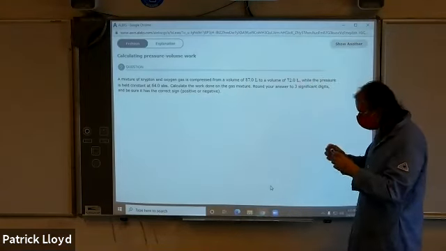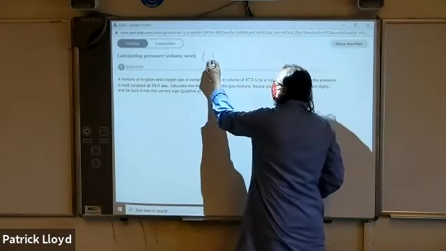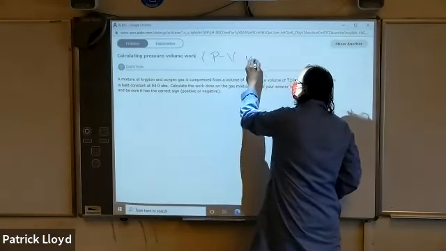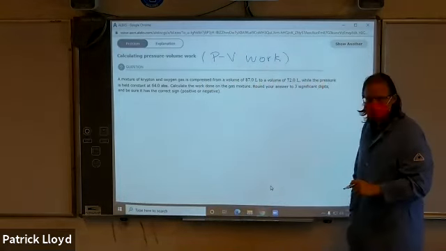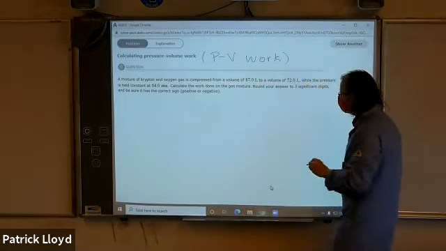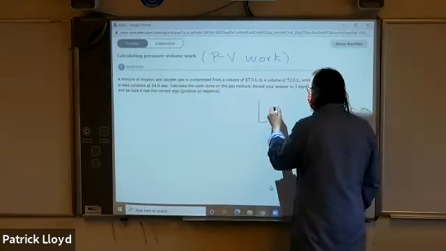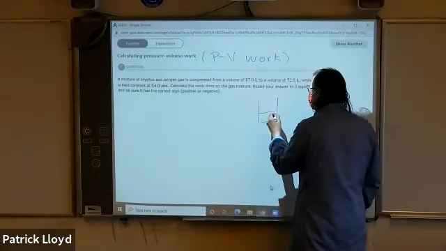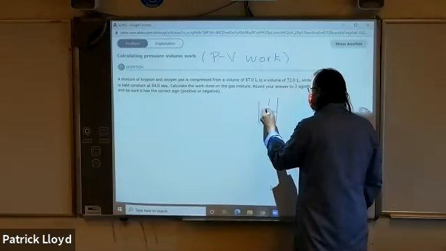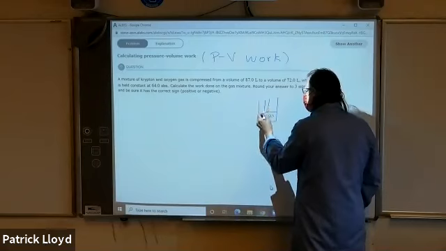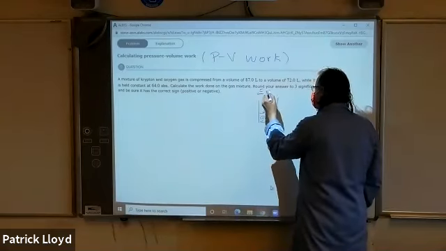So this is called pressure volume work. PV work is usually what people call it, pressure volume. And the idea is this. If you have gases inside of the cylinder and you're pushing down, this is called an external pressure.